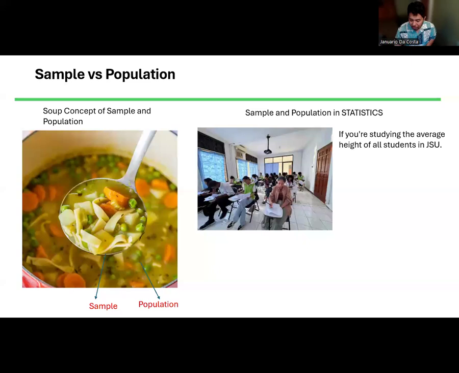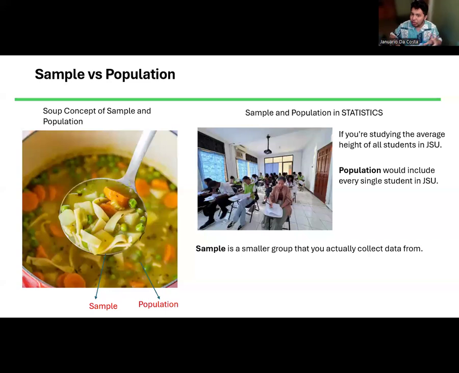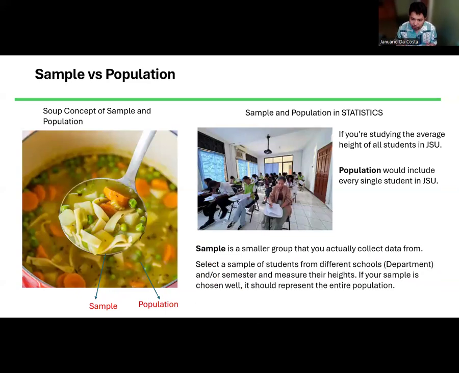All the students in JSU, all students will include every single student in JSU. Atau população is every single student in JSU. Agora sample ne, sample ne baby husi estudante o todo, ni ta fotire a smaller group nebe obel foti data husi, saida iha departamento, ema sira semester 4, semester 5, semester 9, semester hitu.